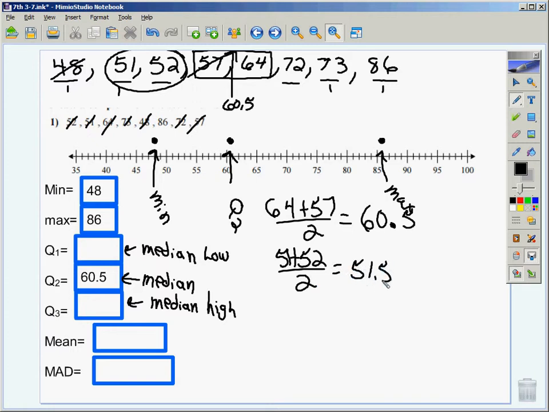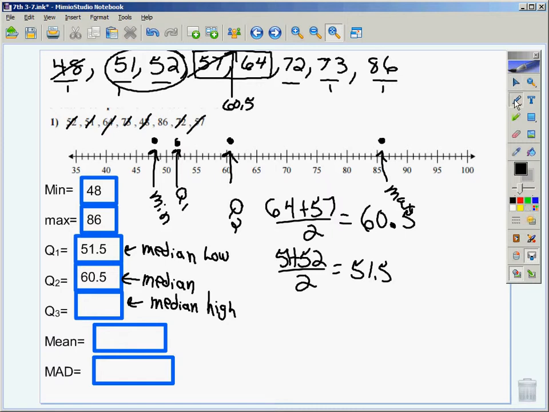So, Q1 is 51.5. I'm going to go ahead and plot that. Where does that go? It'd be between 51 and 52, about halfway in between. I have one more data point to find, which is what?